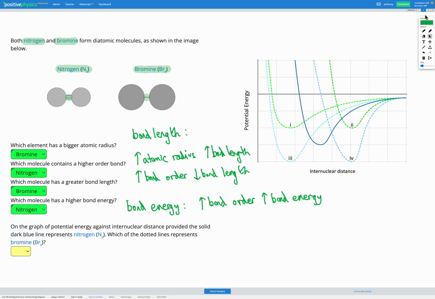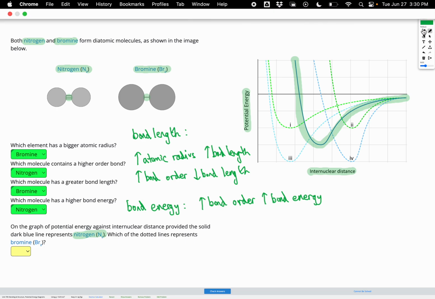Okay. So now we're told that our graph has that dark blue line representing nitrogen. So let's just make sure we've seen that on our graph. This line here, this dark blue line, that represents nitrogen. And we can see we've got internuclear distance on the x-axis and potential energy on the y-axis.